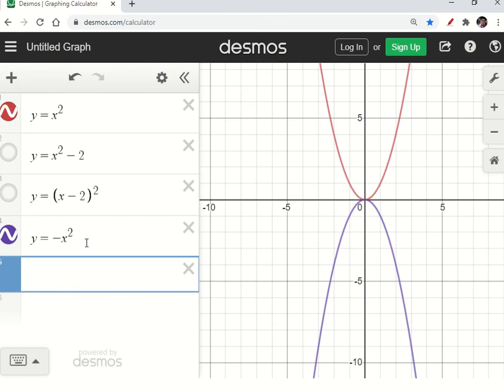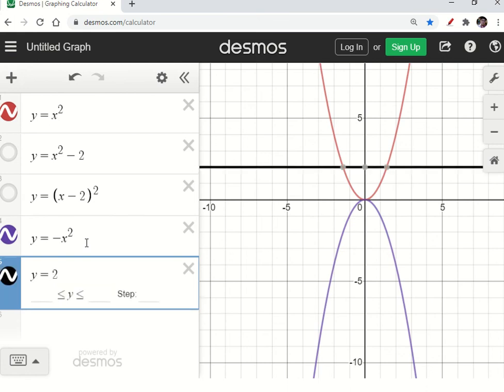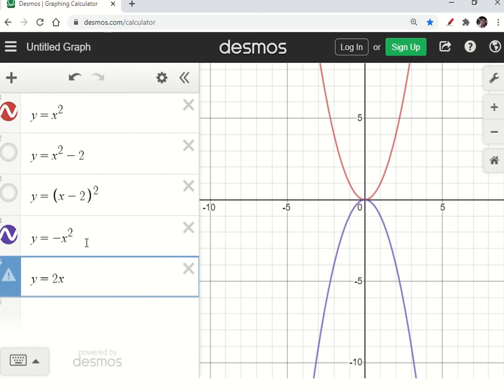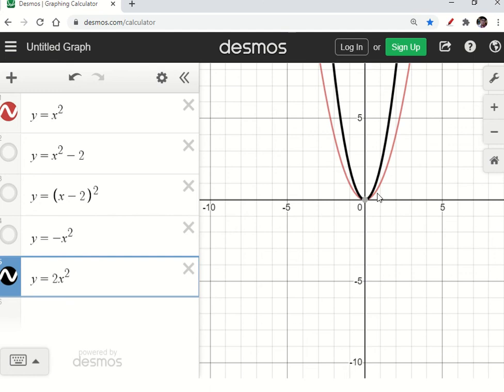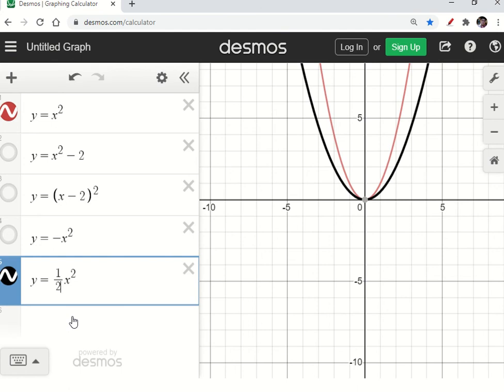What if we multiply by a certain value, for example, multiply by 2? You can see the graph goes closer to the y-axis. If we multiply by a value less than 1, for example 1 over 2, the graph goes further away from the y-axis.